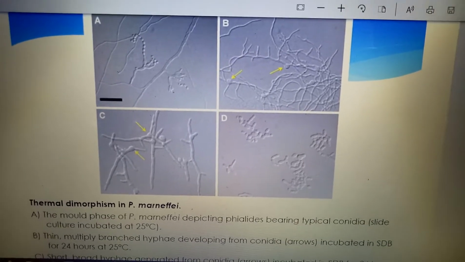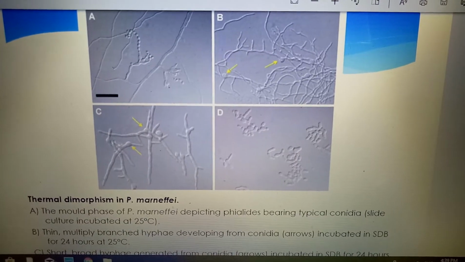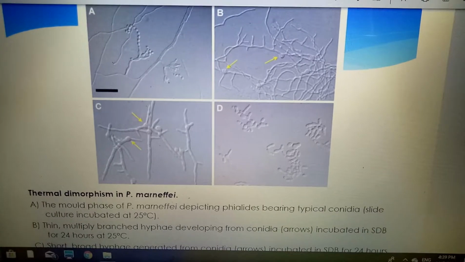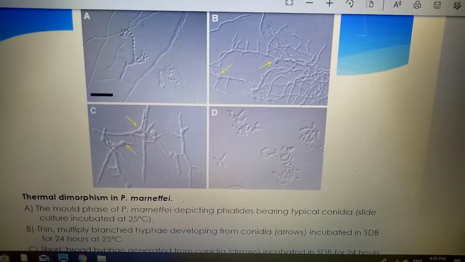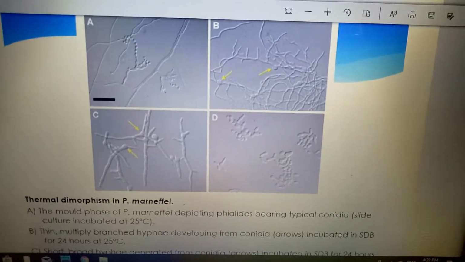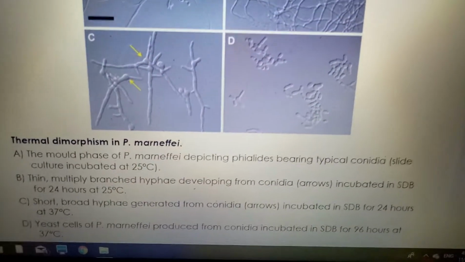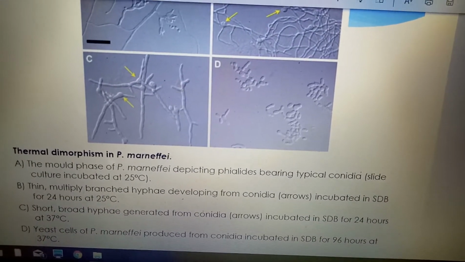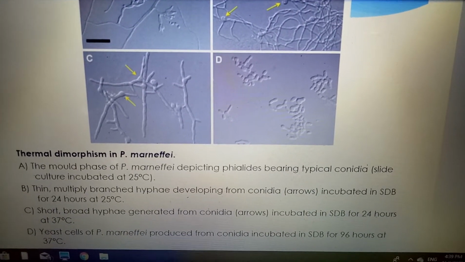Meanwhile for B, up there on your right hand side, this is thin, multiply branched hyphae developing from conidia incubated in SDB media for 34 hours at 25 degrees Celsius. Meanwhile C is short, broad hyphae generated from conidia incubated in SDB for 24 hours at 37 degrees Celsius.